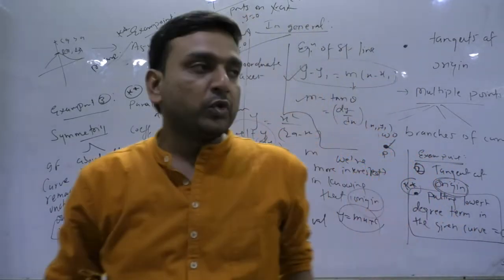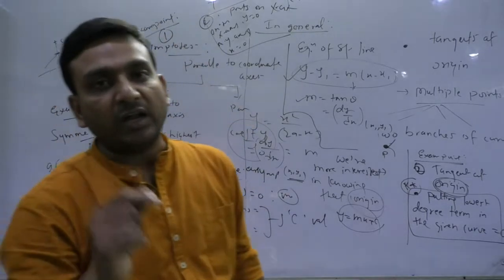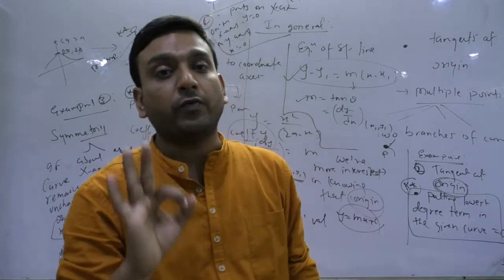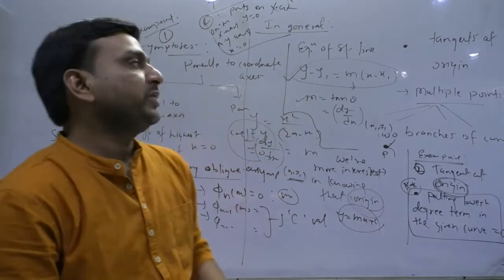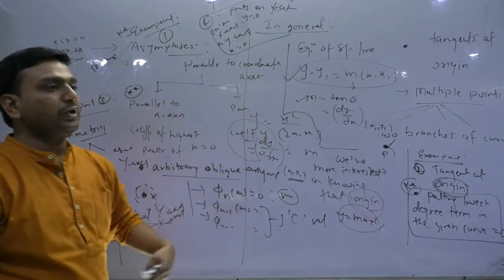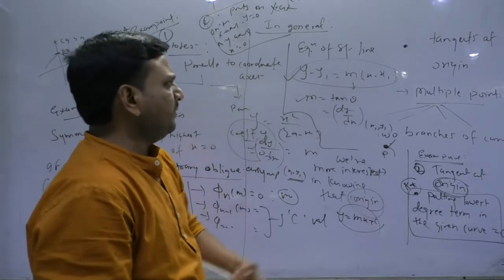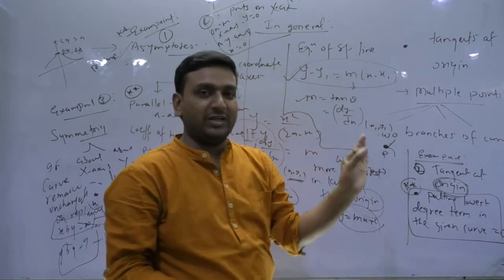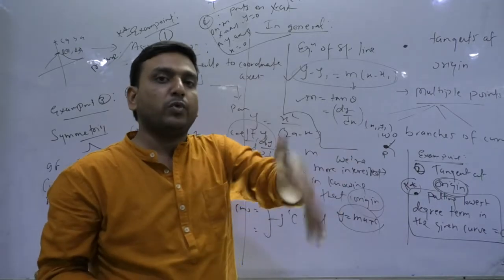Is that clear? So basically in this part 1 I am telling you curve tracing in Cartesian form. In a similar fashion we go for polar form. In case of polar form the same procedure we follow. There it is actually easier. Looking a bit awkward, but the process is easier.